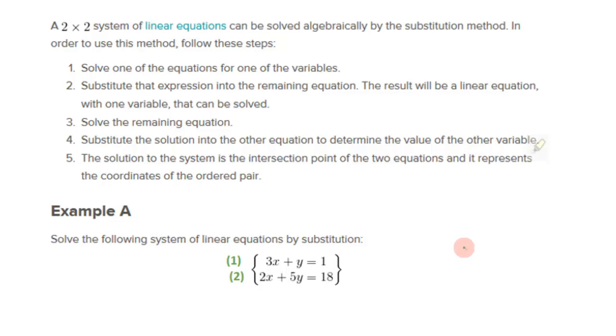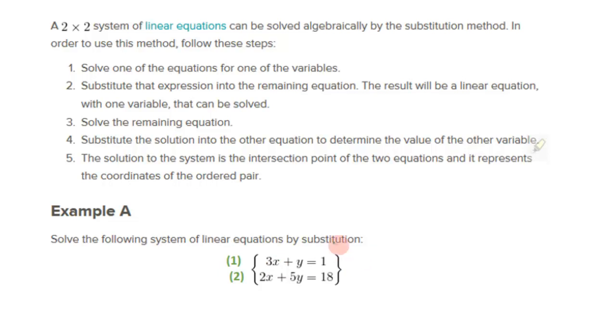Usually here's what I recommend. If you have one of the variables with a coefficient of 1 already, so that means you have a variable somewhere in your system that is all by itself with no number in front of it, then use that equation and solve for that variable. So as we look here, equation number 1 has one of the variables all by itself.